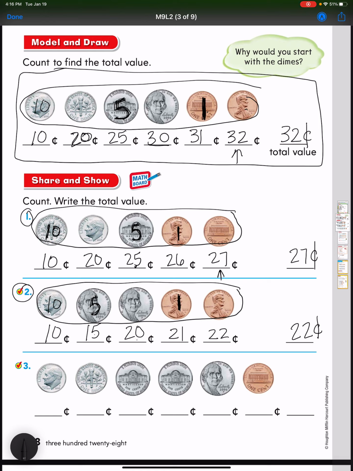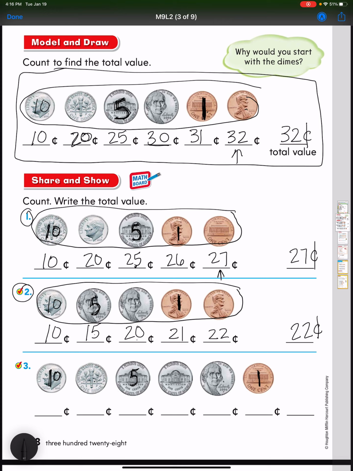All right, same thing, same practice. Remember, our coins are arranged from greatest to least. So this coin, the dime, is worth 10. And there's another dime. Now nickels are worth 5. That's a nickel, and pennies are worth 1.